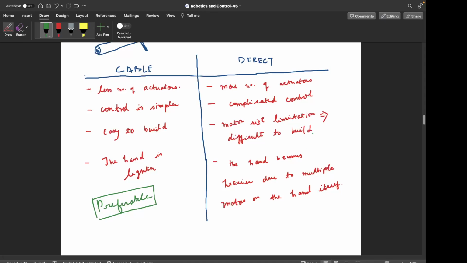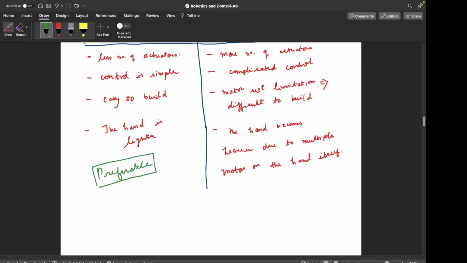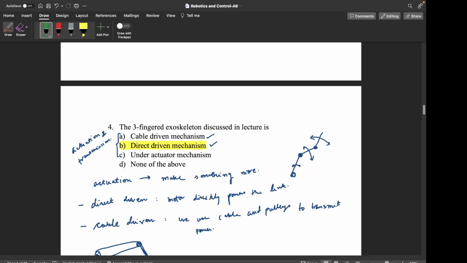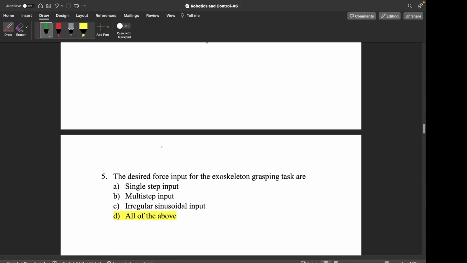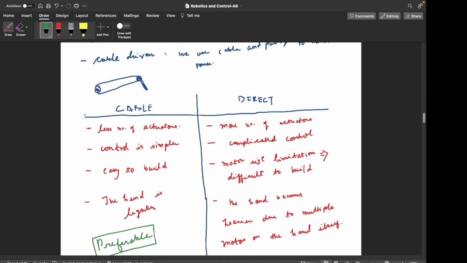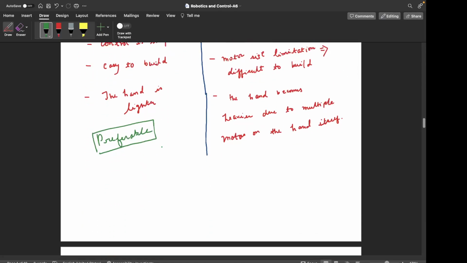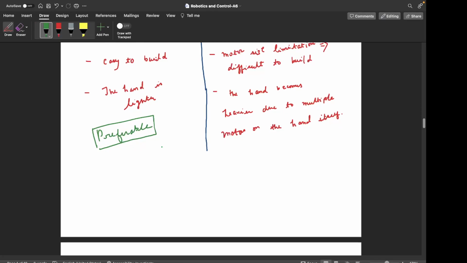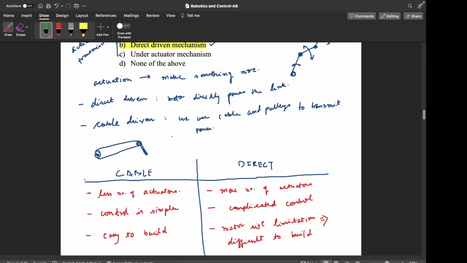And direct driven is still used in many different robotic applications. But in this specific application, we are preferring the cable driven mechanism, right? And this finger exoskeleton, as we discussed for the full body exoskeleton, should be lightweight, comfortable, reliable, and durable.